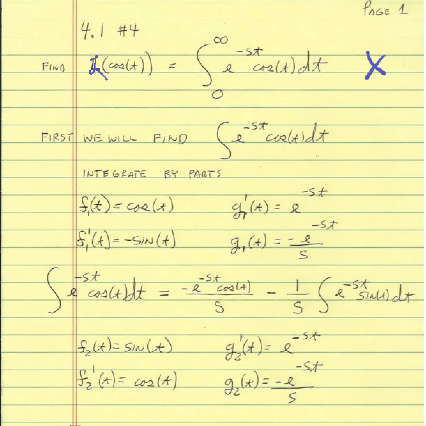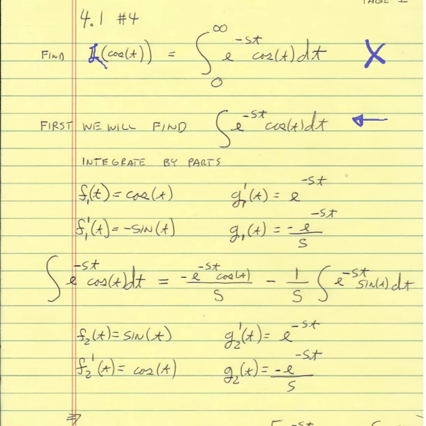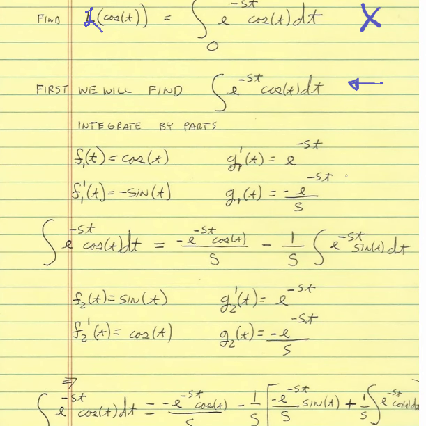So first what we'll do is we'll use integration by parts to try to figure out what this integral is here. And that's what you're seeing here. This should look extremely familiar from your days taking calculus, so you can follow through and decipher what I've done here.